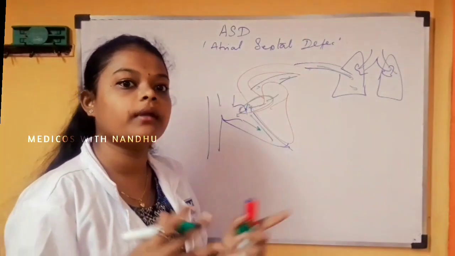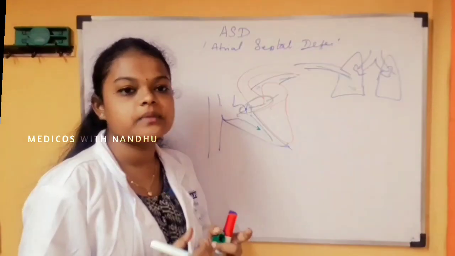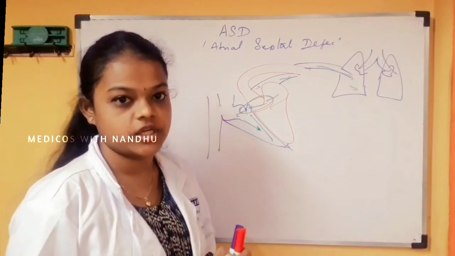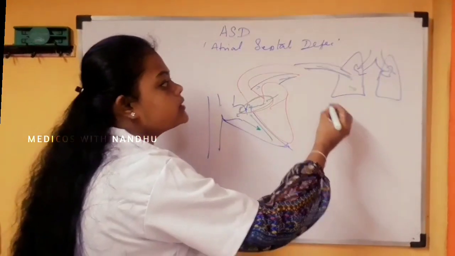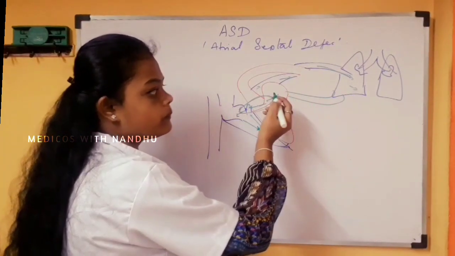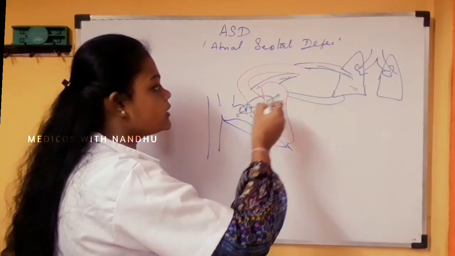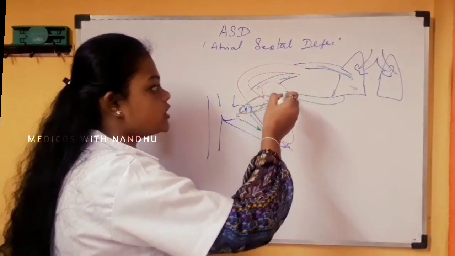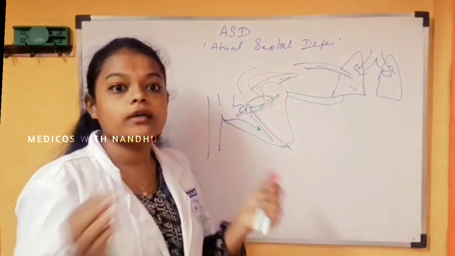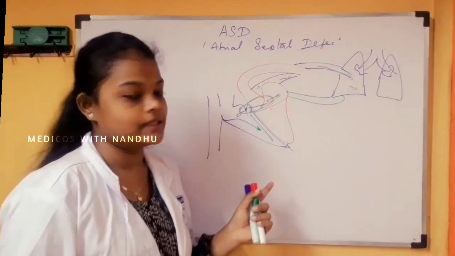The pressure in the pulmonary valve becomes more, and the lungs also become congested and there is a difficulty in the exchange of oxygen and carbon dioxide. And what happens? There will be a reversal through the pulmonary vein, and it reaches the left atrium. So from the left atrium again this continues. The oxygenated blood and deoxygenated blood get mixed. Hence it also causes cyanosis, but it is not a cyanotic heart disease.